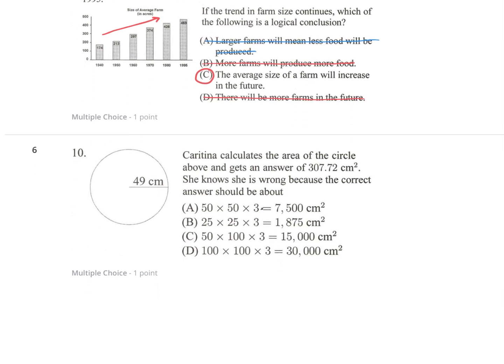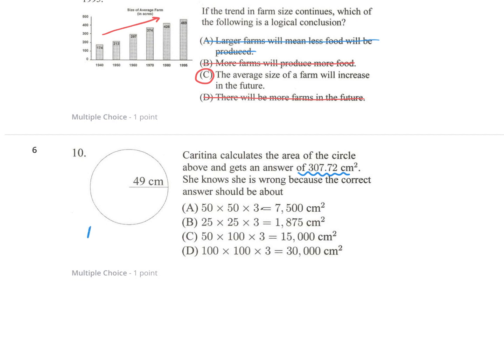Number 10 is another geometry problem, this time with a circle. So here we're calculating the area of the circle, and it says that the first time it's calculated, we get an answer of 307.72 centimeters squared. Okay, we know it's wrong because the correct answer should be about, and then we're given some options to choose from.